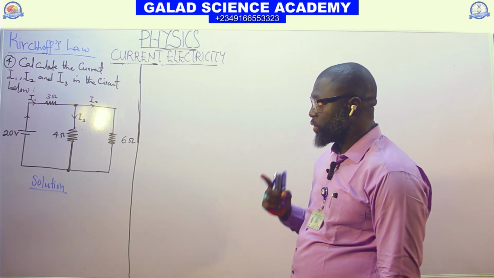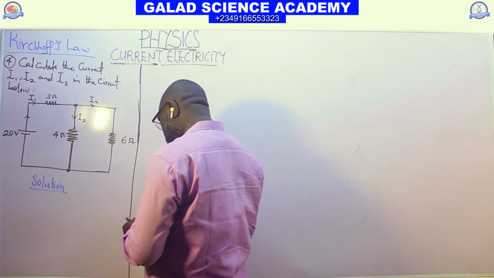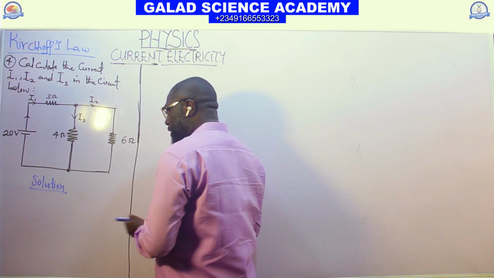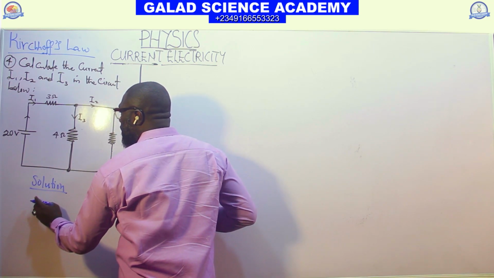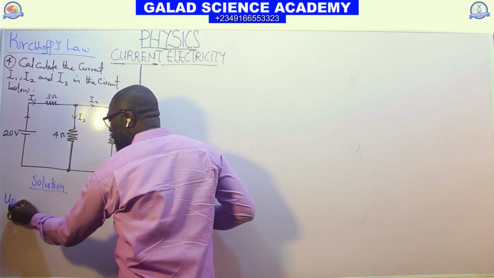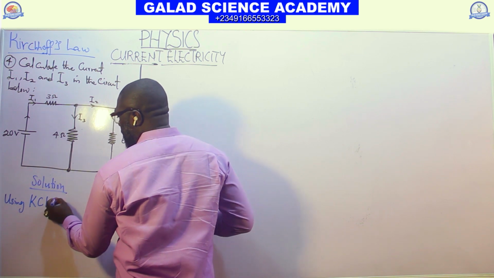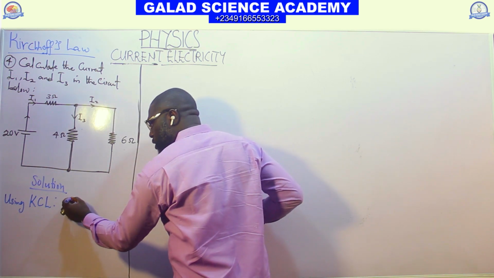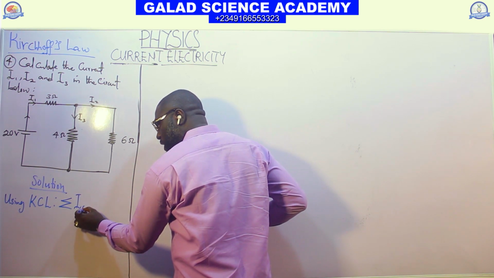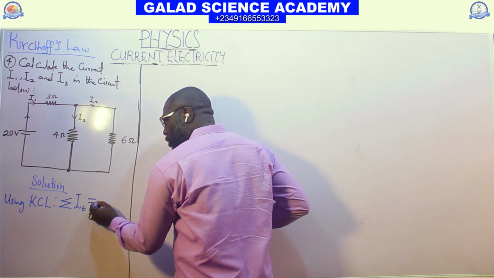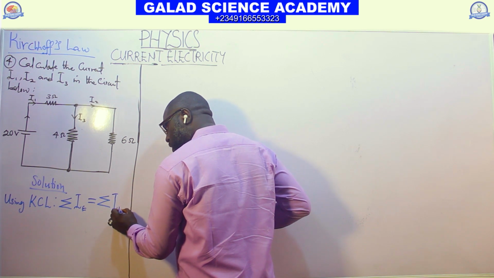The first law states that, using Kirchhoff's current law, the sum of the currents entering a junction is equal to the sum of the currents leaving the junction.